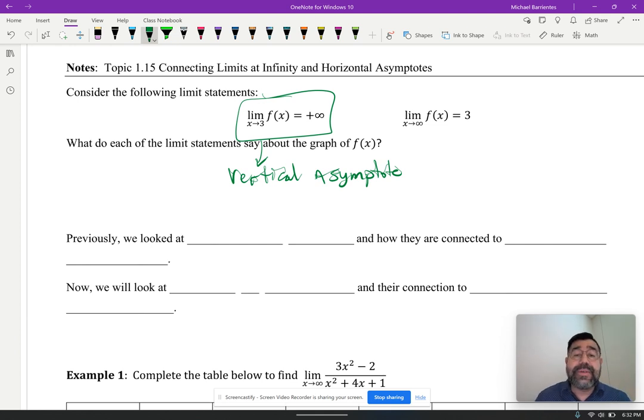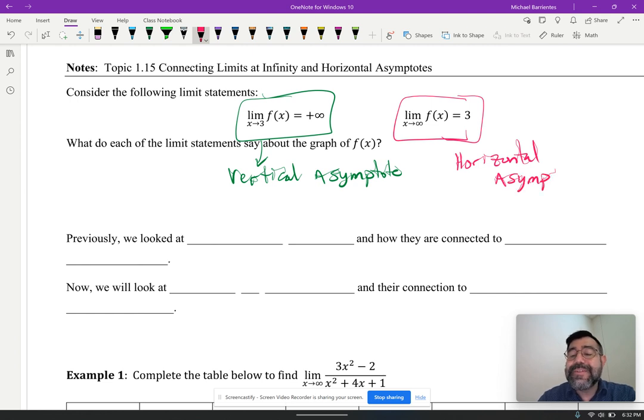Well, that's different than the limit next to it. In this topic, we're going to talk about horizontal asymptotes, and that's what this second limit describes. They have some things in common, right? They both deal with some kind of infinity, but it's about where the infinity is.